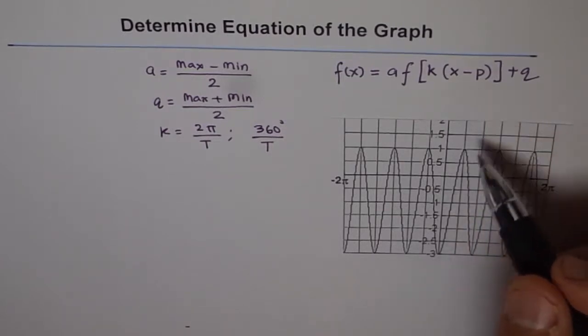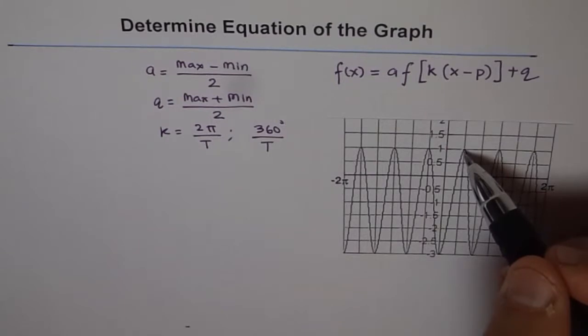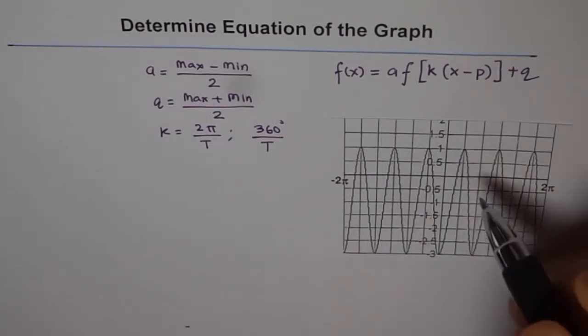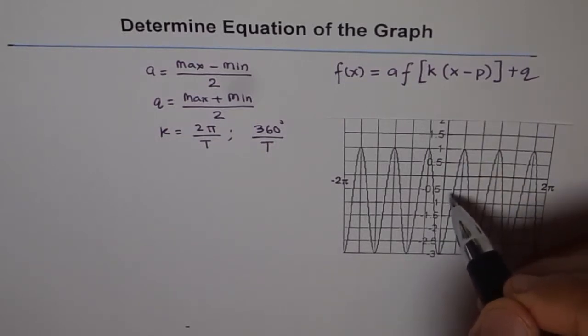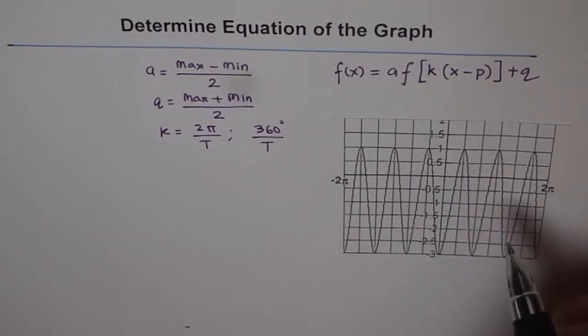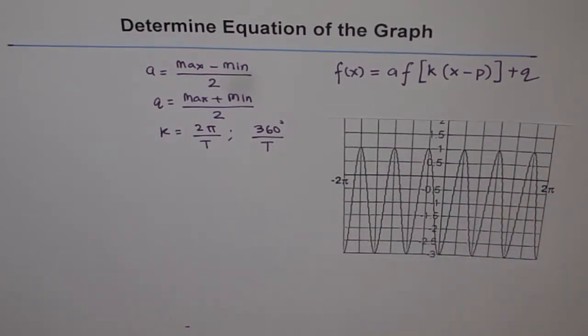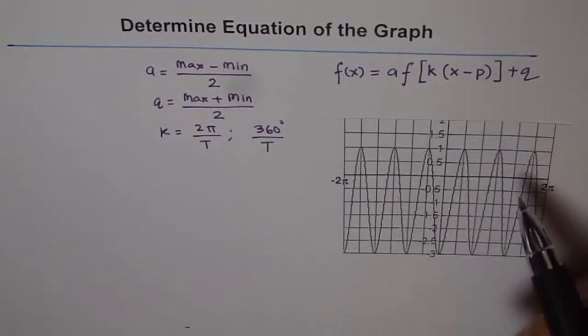A cosine function should start from the maximum value, going downwards. And a sine function starts from the 0 value, the mean value I should say, going upwards. So we normally just track those points by how many units they have moved left or right. That gives the value of P.